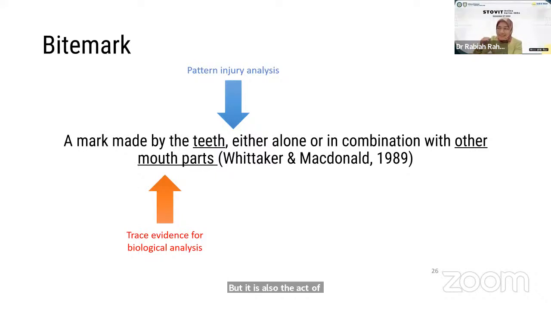When someone bites, they also suck, and that causes the depth of the mark, either alone or in combination with other mouth parts. Along with teeth, there is also saliva, which is a trace of evidence that could go for biological analysis.